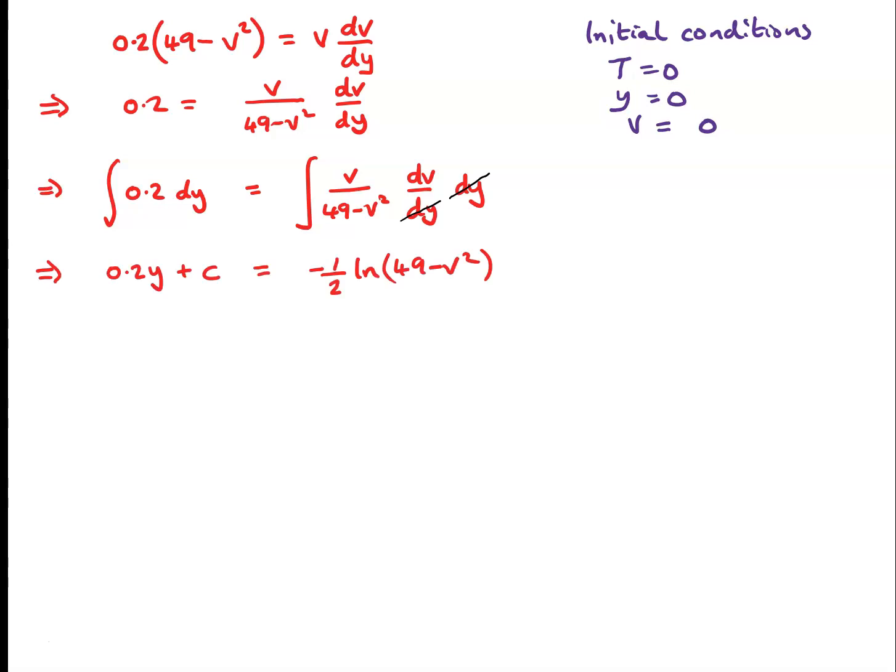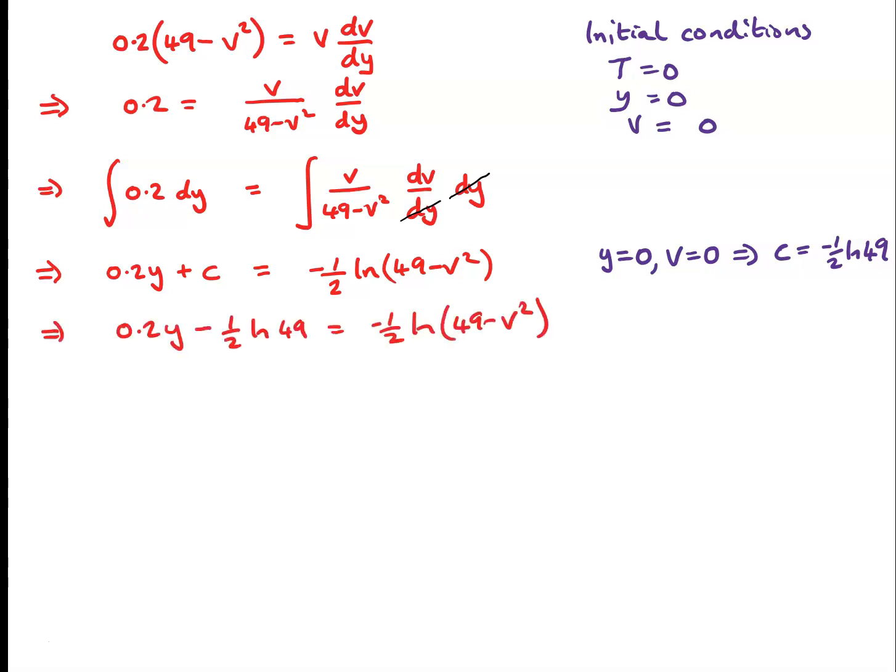So we've got 0.2y plus c is minus a half of the logarithm of 49 minus v squared. When y equals 0, we know that v is 0, so that tells me that c must be minus a half ln of 49.